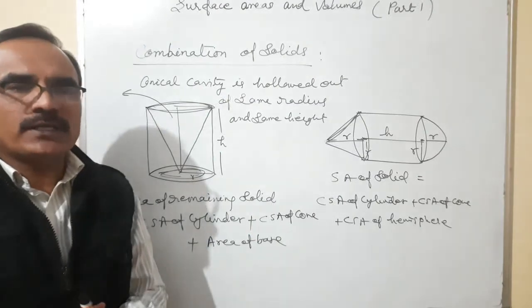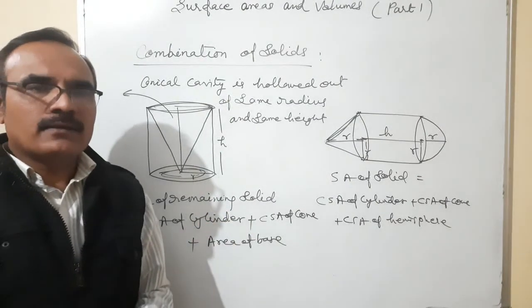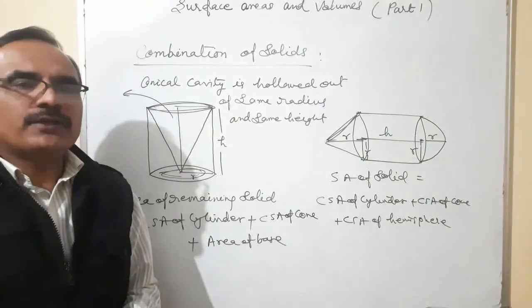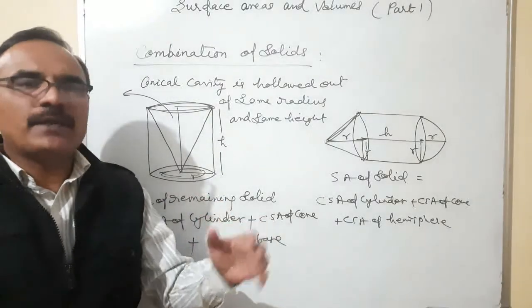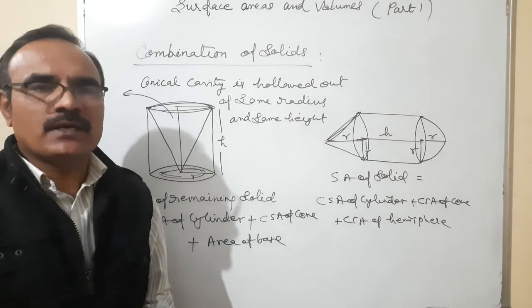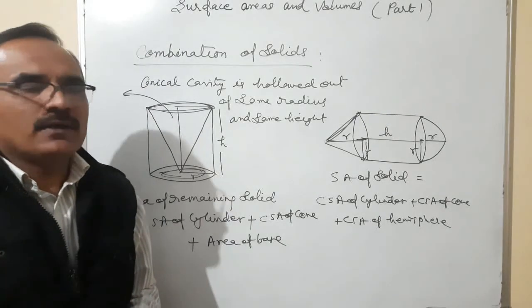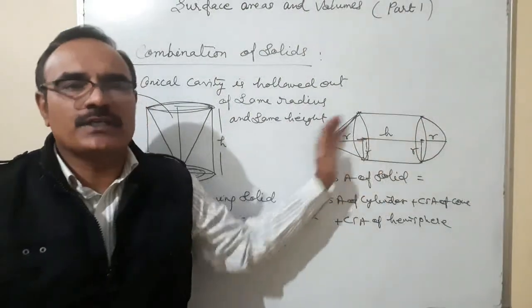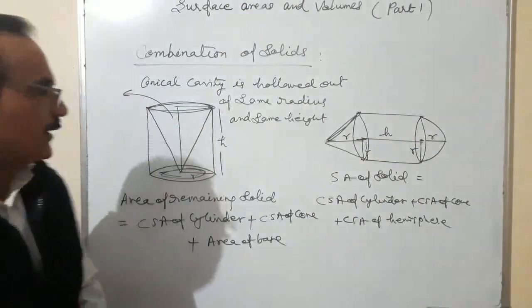When we find the surface area of a combination of two solids, we use curved surface areas separately rather than total surface area, because the curved surface areas of these three parts make up the total surface area of this solid.